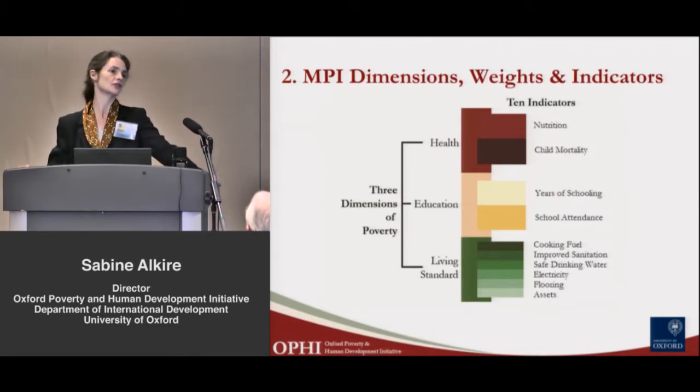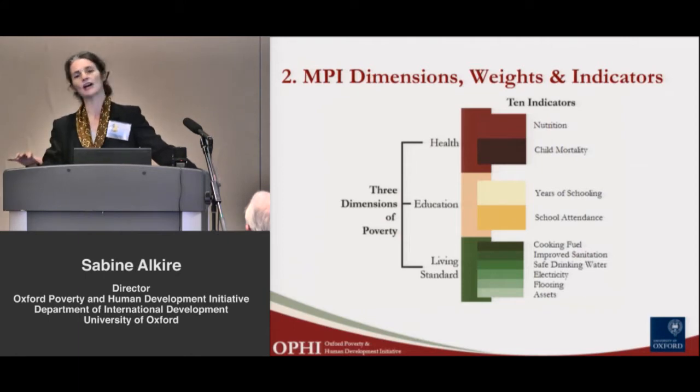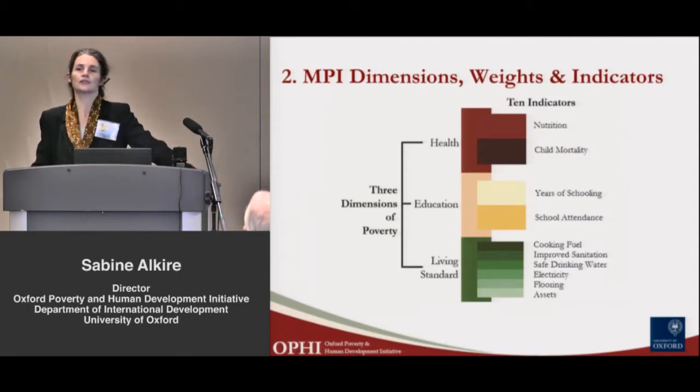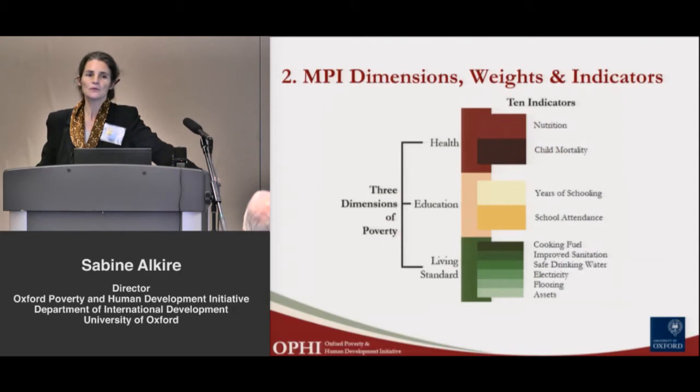You are deprived in years of schooling if nobody in your household has 5 years of schooling, because there are shared effects of having one literate, educated person within the household. And the whole household is deprived if any child is not attending school up to the age at which they would complete class 8.